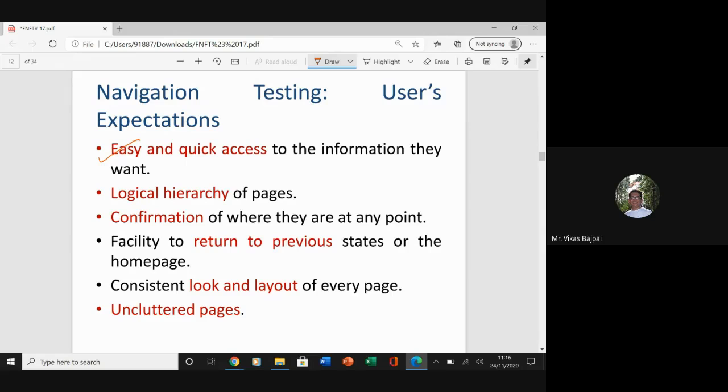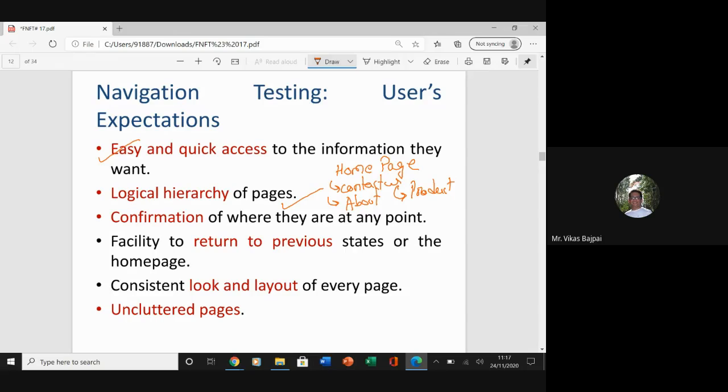Then there should be a logical hierarchy of pages, right? The home page has a separate use. Then somewhere I'll have contact us, somewhere I'll have about, and somewhere I'll have the details of the product if I'm keeping some product. That's how I need to maintain a logical hierarchy of the pages which I have added to my portal.